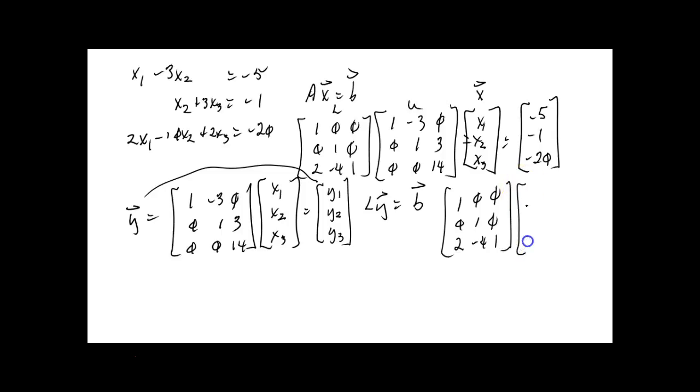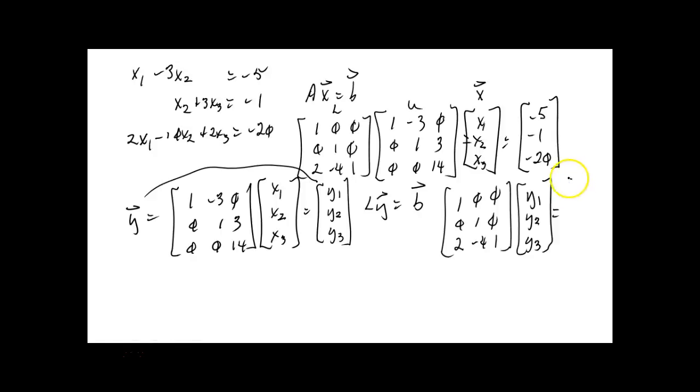And then this would be our y1, y2, y3. And that's equal to our negative 5, negative 1, negative 20.